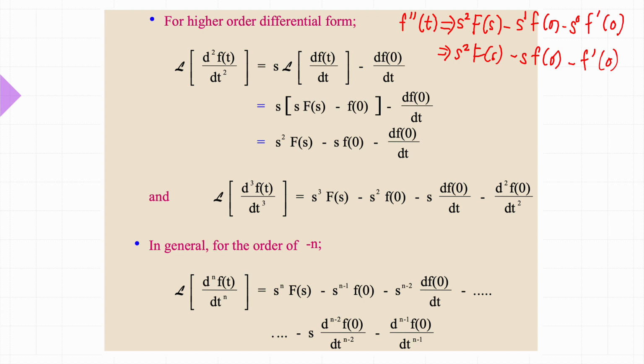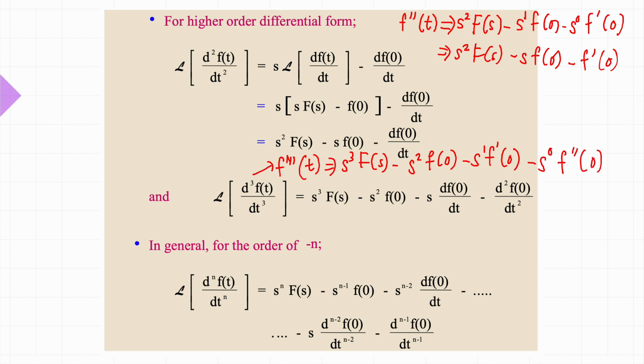How about third order? Here you start with s cubed F(s), still the same, minus s to the 3 minus 1, which becomes s squared, f(0), and then minus s to the 3 minus 2, which is s, f prime(0), and then minus s to the 0 f double prime(0), where s to the 0 equals 1.